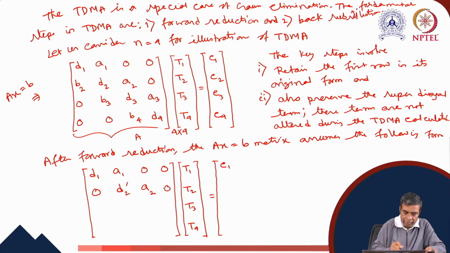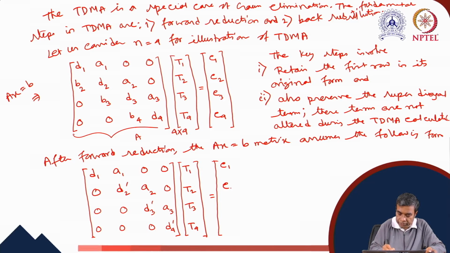In the third row, we have again 0 at the place of B3. D3 becomes D3 dash, and A3 retains its original value. At the last row, we have B4 equals to 0, and D4 becomes D4 dash. So in the right hand side, C2 becomes C2 dash, C3 becomes C3 dash, and C4 becomes C4 dash.